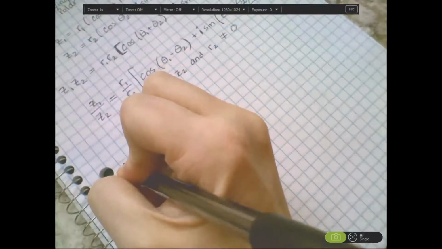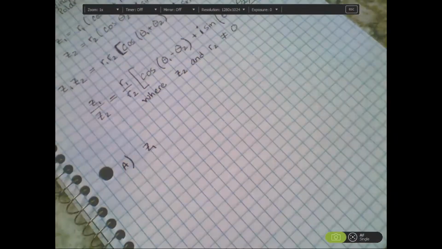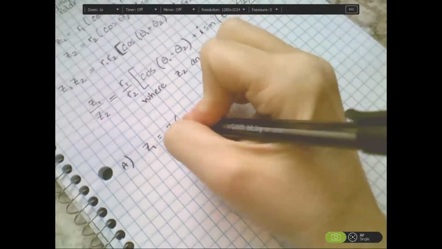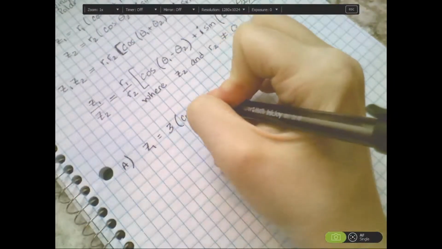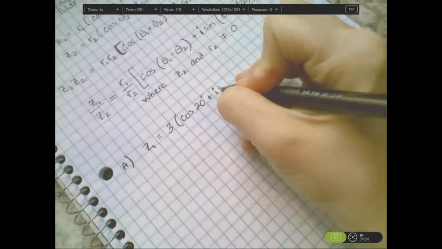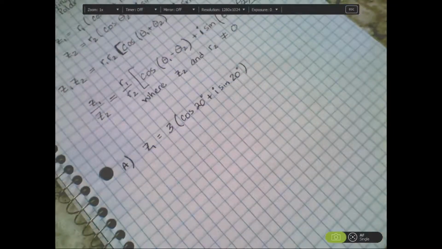All right, so let's look at some examples. Let's say that my first number is 3 cosine 20 plus I sine 20.